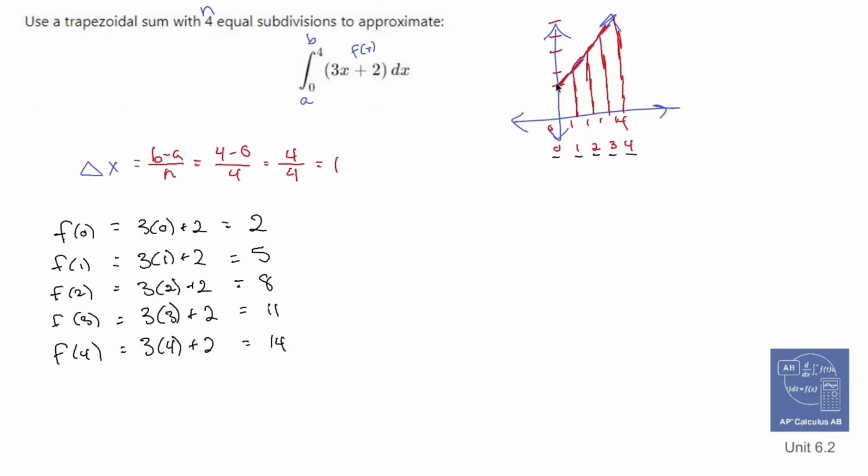So this end of the trapezoid, that height right there, is 2 units tall. You're 5 units tall. You're 8 units tall. You're 11 units tall. You're 14 units tall.